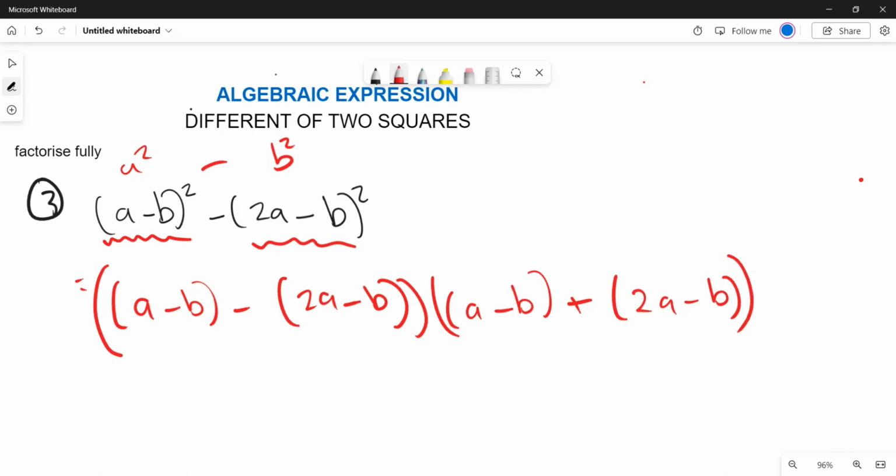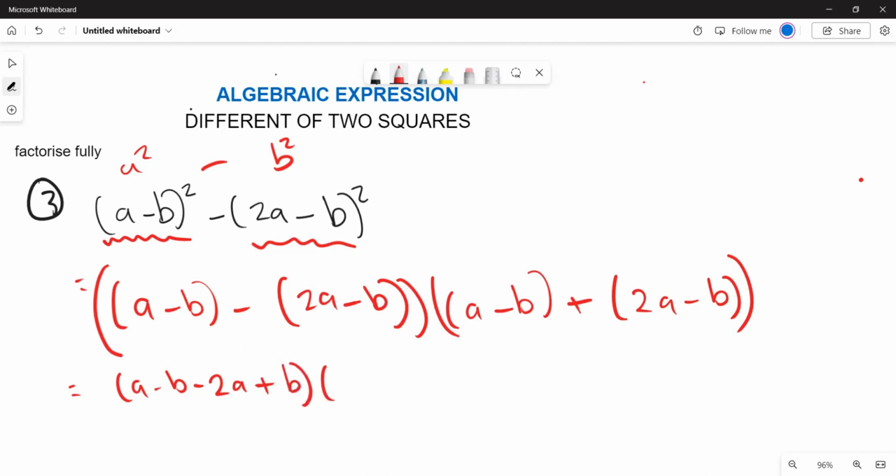And then what can we do from here? Now that we have used the difference of two squares, we can try to simplify within the brackets. Look, if you multiply this with the negative, this is going to be a subtract b subtract 2a, and plus b.